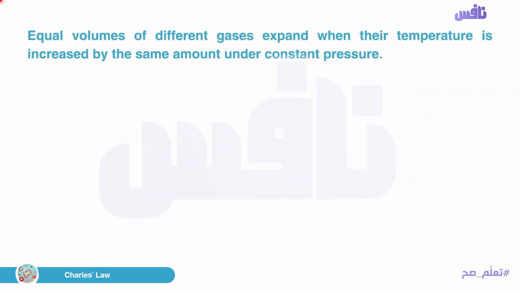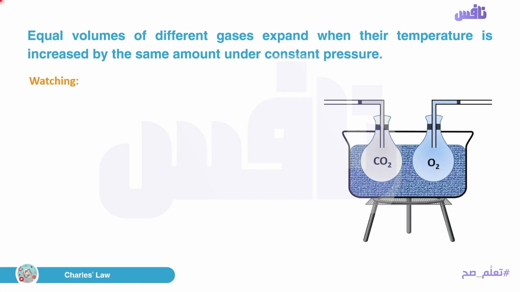And now we can say that equal volumes of different gases expand when their temperature is increased by the same amount and under constant pressure. As we see from the opposite figure, the two filaments of mercury move equal distances.